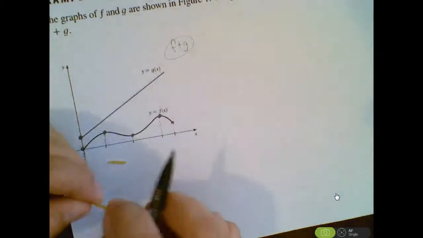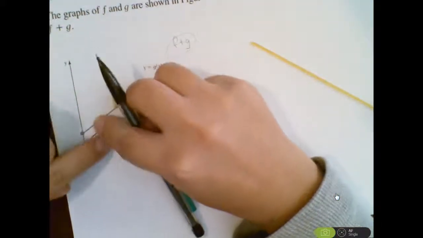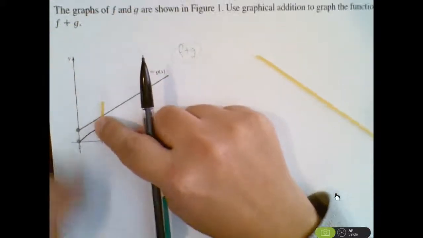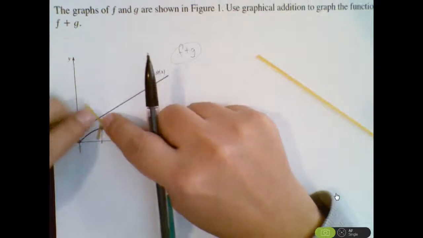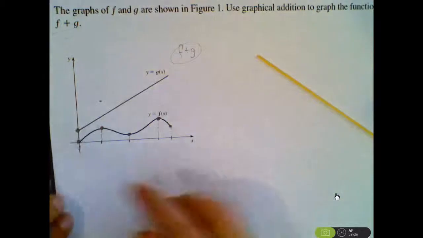So I have this here. If I'm adding f plus g, then I'm going to put one after the other. So that's how tall f plus g is. Now I need my pencil. Man, I need more hands to do this. That's how tall f plus g is for this x.